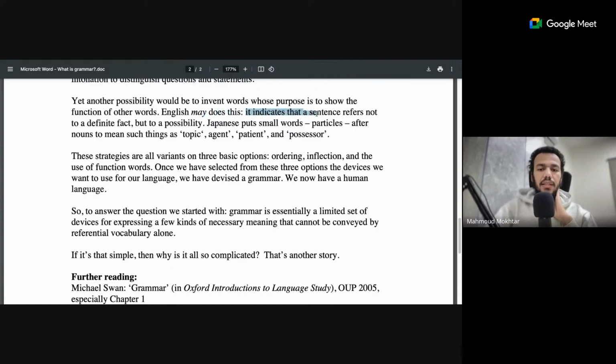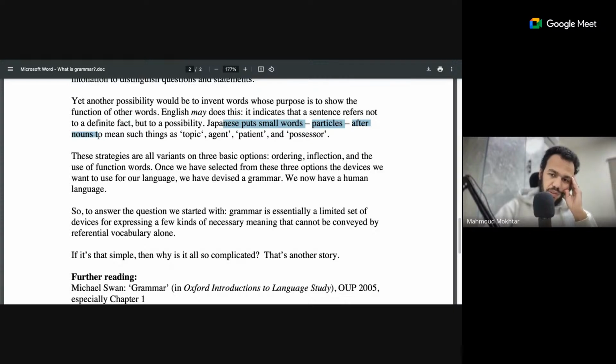It indicates that a sentence refers not to a definite fact. Japanese puts small words, particles, after nouns to mean such things as topic, agent, patient, or possessor.